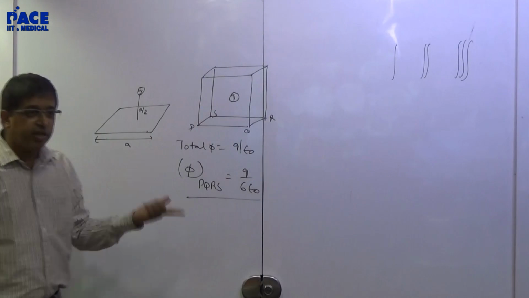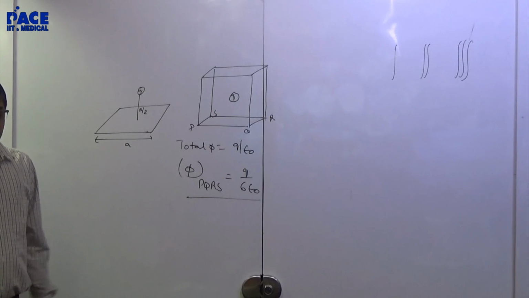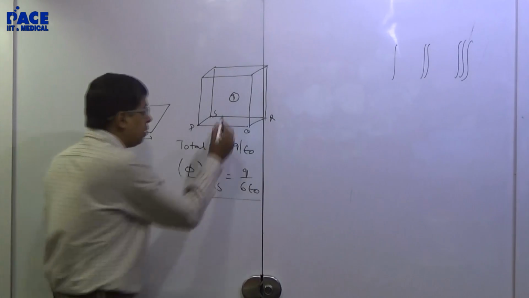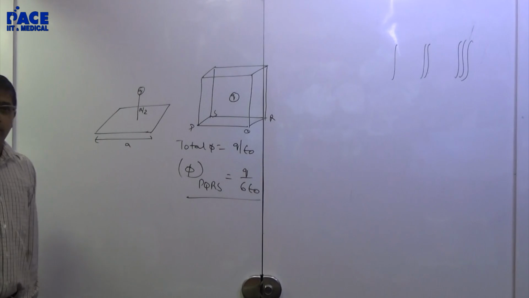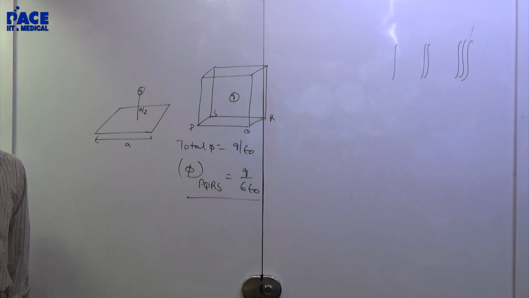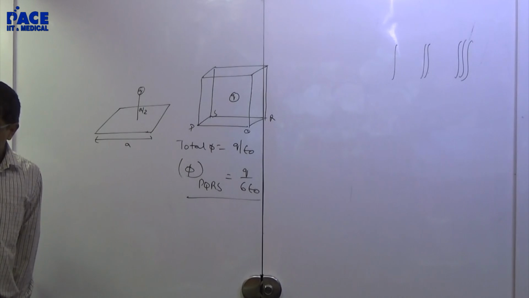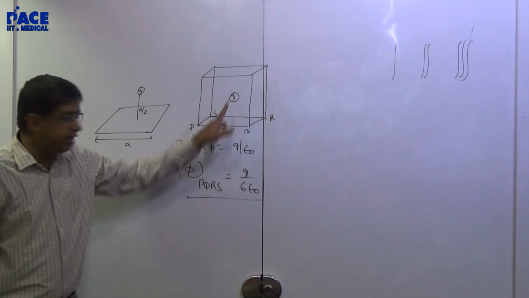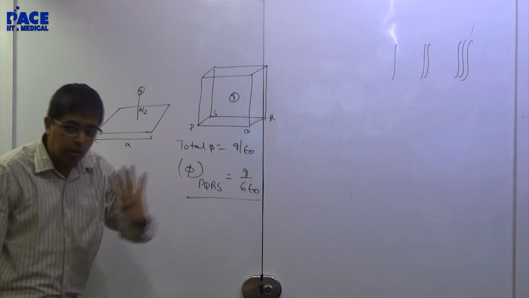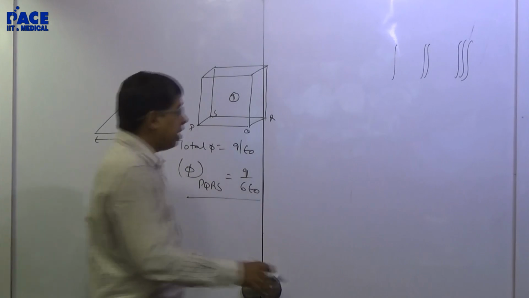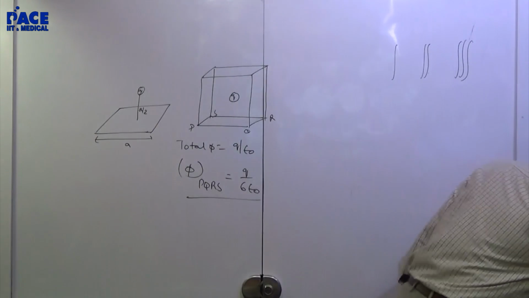Why? Through each face it will be 1/6 of that. Now I could solve it this way only because the charge is at the center. If the charge was not at the center, the first statement is right, but the second statement will not be right. Based on this, they have designed one more question.